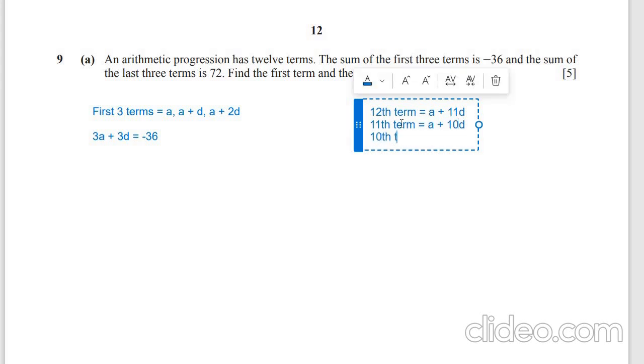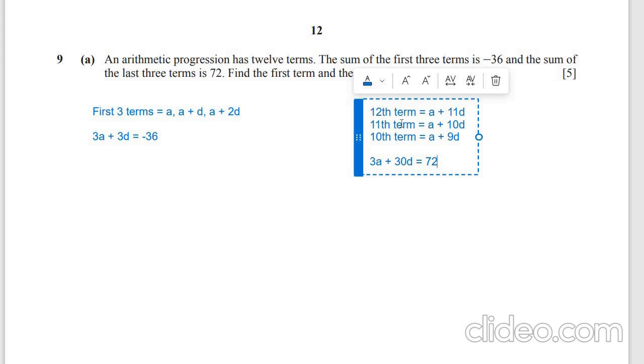And the 10th term is going to be a plus 9d. Now the sum of these three last terms is 72. So if we add them up, 3a plus 11 plus 10 plus 9 is 30d, and that should be 72.